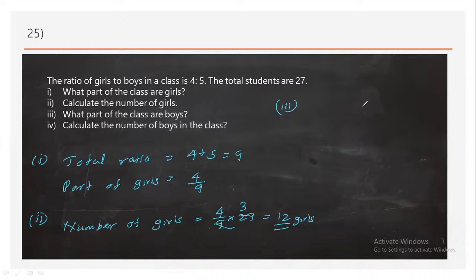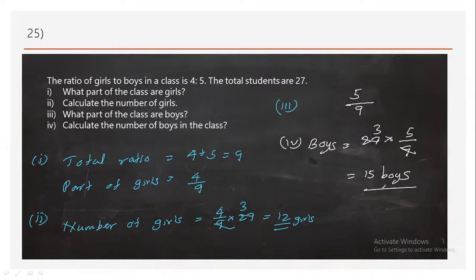Total ratio is 9 and the boys part is 5. 5/9. Fourth one, number of boys. 27 into 5/9, 3 times 5, 15 boys. Look at the earlier, they gave 15 boys and 12 girls. Same answers came here, right? I want to show you, that's why I have included this question here.